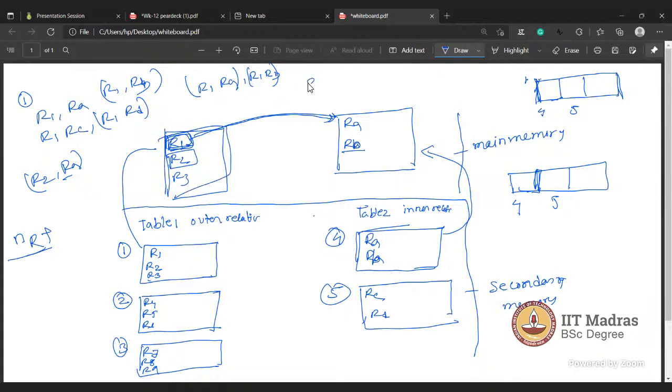For R1 we can move R1 RA, then RB, then RC, RD. For another seek, R2 RA, RB, RC, RD, and for another seek, R3 RA, RB, and RC we can move. So with the help of 3 seeks we can move only this.